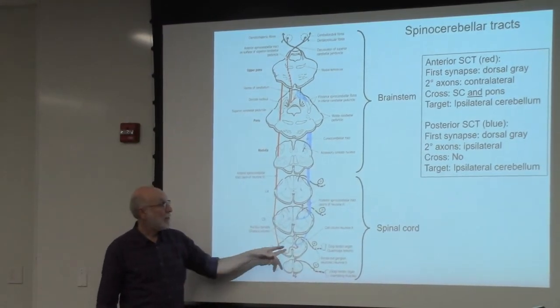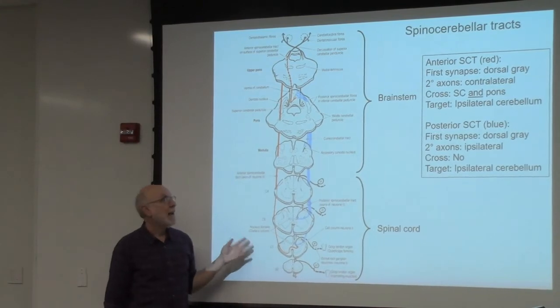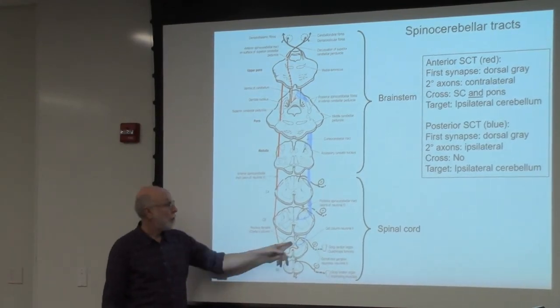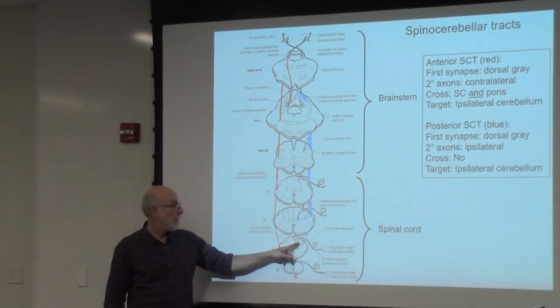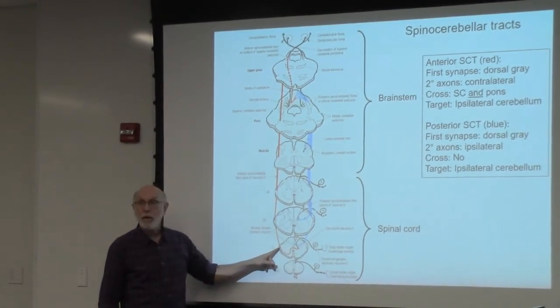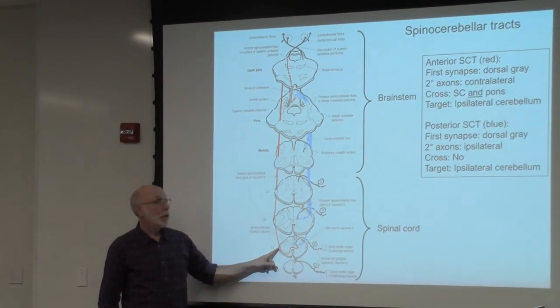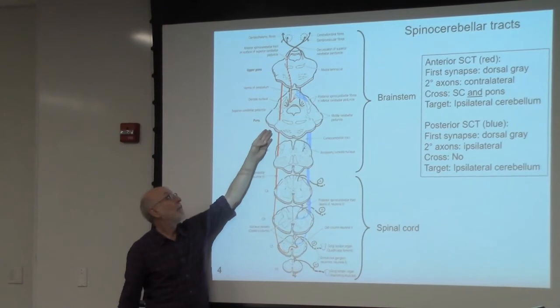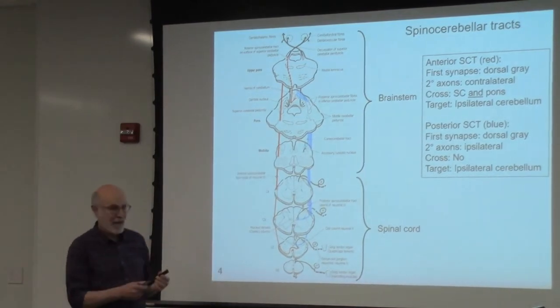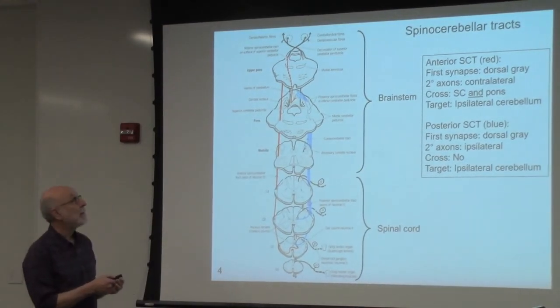In the case of the red, the anterior spinocerebellar tract, the first synapse is in the dorsal horn. It crosses over, goes up the anterior spinocerebellar tract. And here's the funny thing.